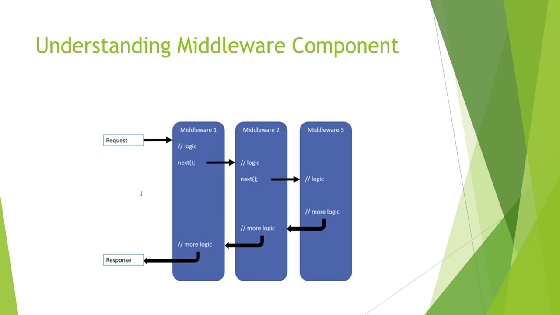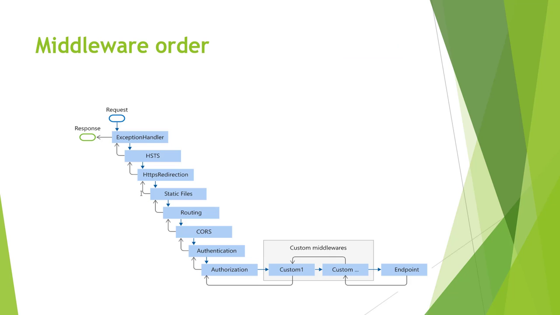Now let's see what the ideal execution order of the middleware should be. This diagram shows the complete request processing pipeline for ASP.NET Core MVC and Razor Pages web apps. You can see how in a typical app existing middlewares are ordered and where custom middlewares are added.